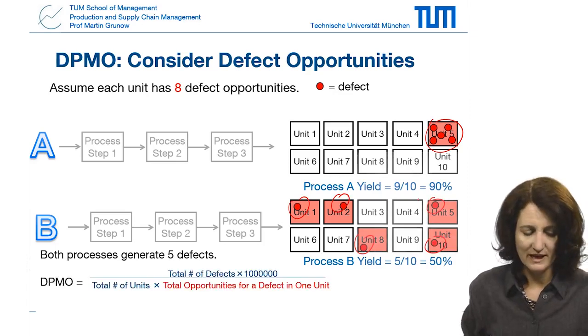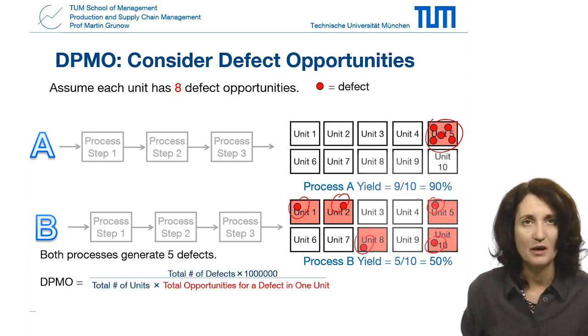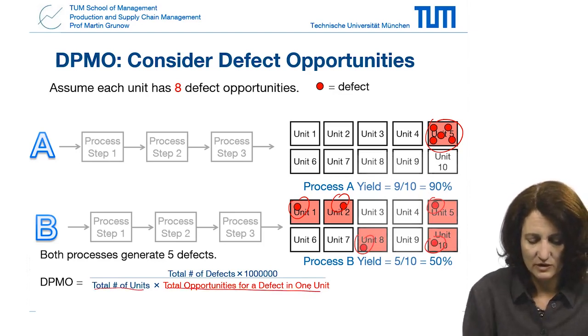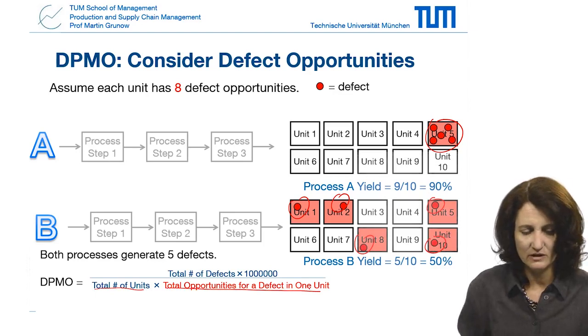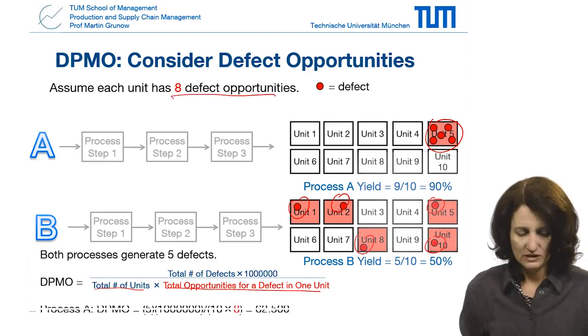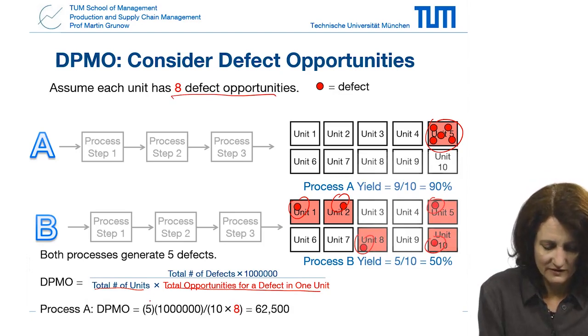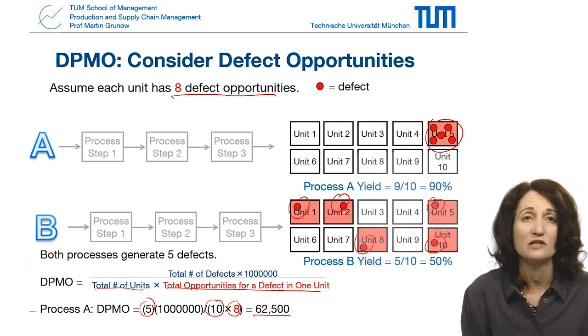So for process A, DPMO, total number of defects is 5 times 1,000,000 divided by the total number of units times the total number of opportunities for defect in a unit, and we said that was 8. So we end up getting 5 total number of defects times 1,000,000 divided by the 10 units times 8. We get 62,500 as our DPMO, defects per million opportunities.